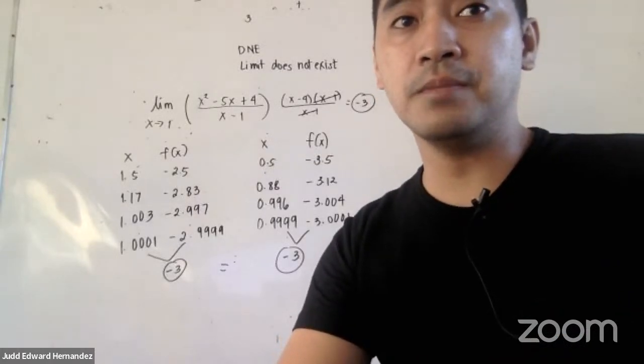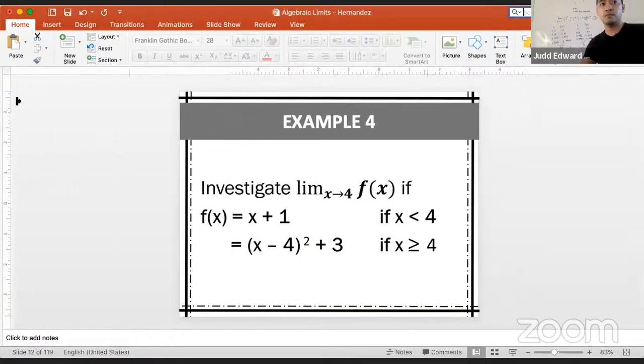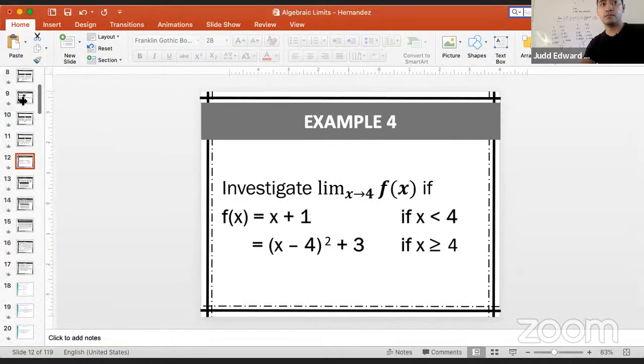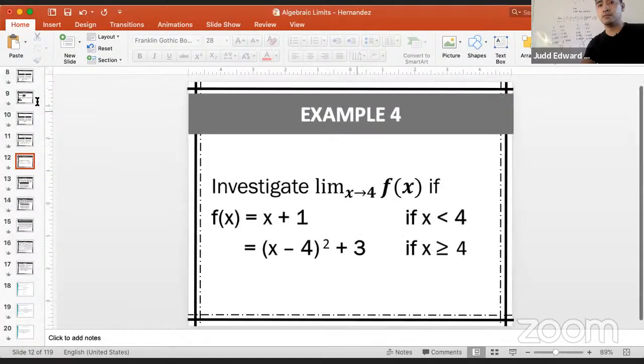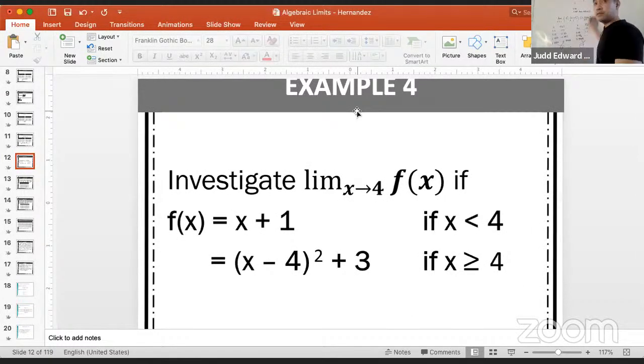I'll just share my screen po. Okay. Investigate the limit of f of x as x approaches 4 if.